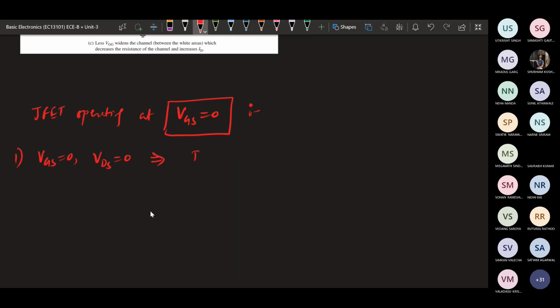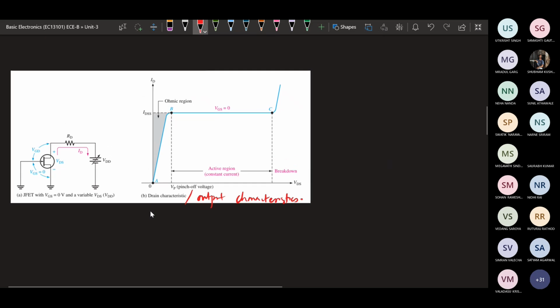This will result in the current ID being 0 at the A point in the graph.